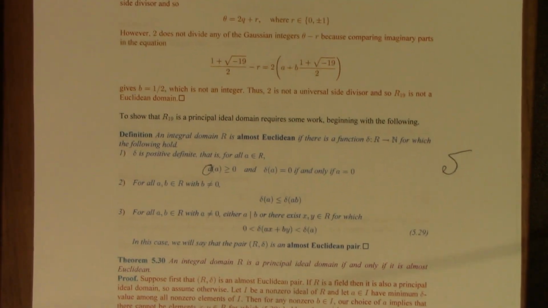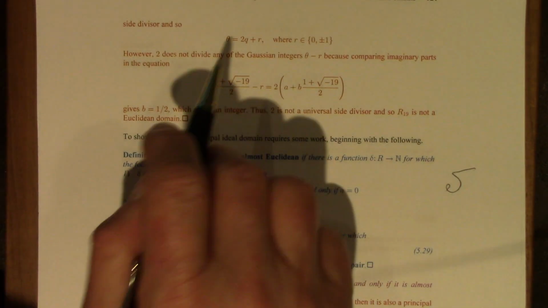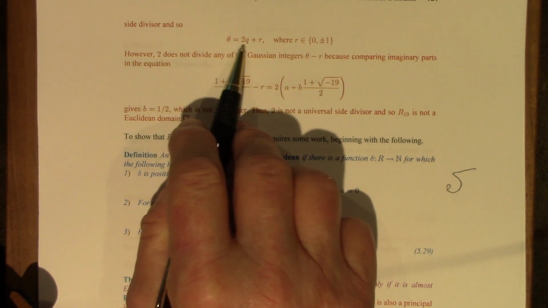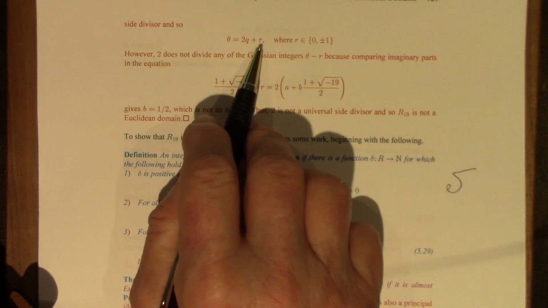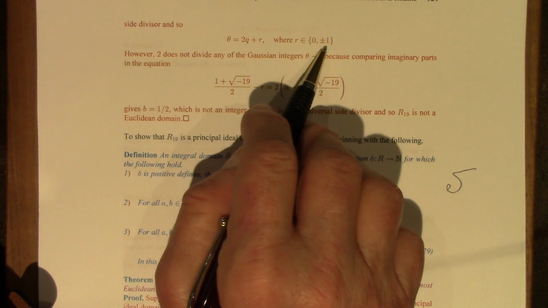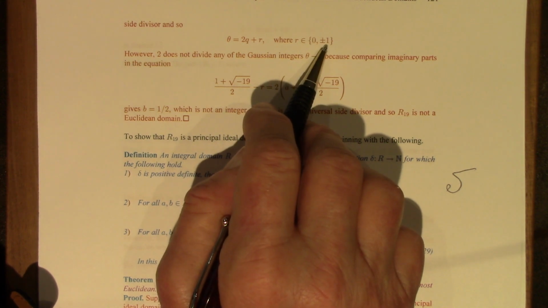And so if we divide theta, this expression here, by 2, using the division algorithm, we get this, where r is either 0 or a unit, positive or negative 1.